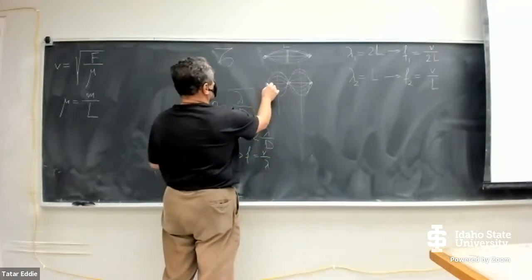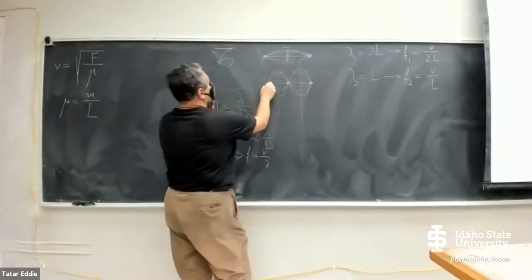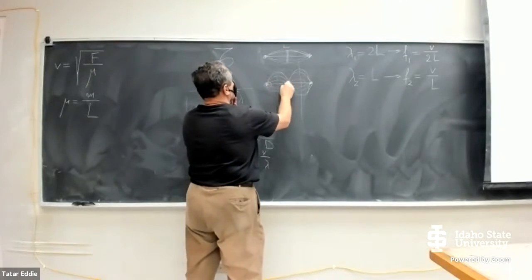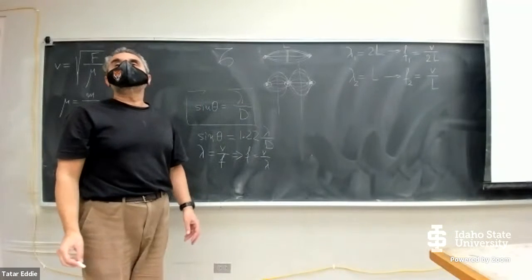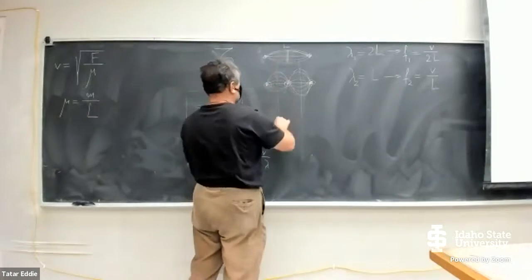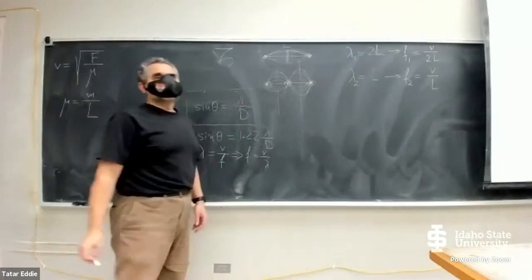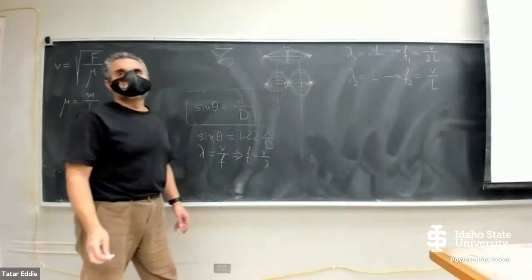The points at which the string doesn't oscillate, and this is one, this is the other, this is the last where it doesn't oscillate, those points are called nodes. And the points with the maximum amplitude of oscillation, those 2 points right here, are called antinodes.